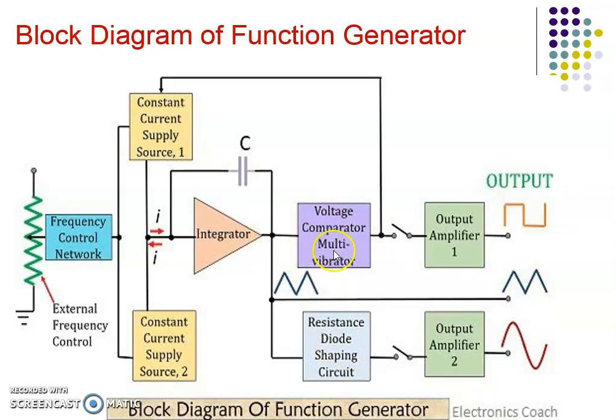The voltage comparator converts the triangular wave input into a square wave output, because a voltage comparator is nothing but an open loop op-amp, and the diode wave shape circuit is a complex circuit in which many diodes are used that convert the triangular wave into a sine wave shape. For more detail about the diode wave shape circuit, please Google it. You will get the details of that.